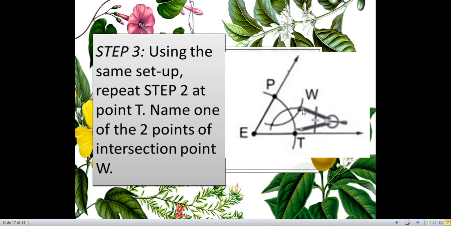Then the two arcs have their point of intersection, and you will name that point of intersection as point W. Ma'am, why don't I need to name the other point? There's no need to name that point because our goal is to make an angle bisector. So we just need one point of intersection this time.